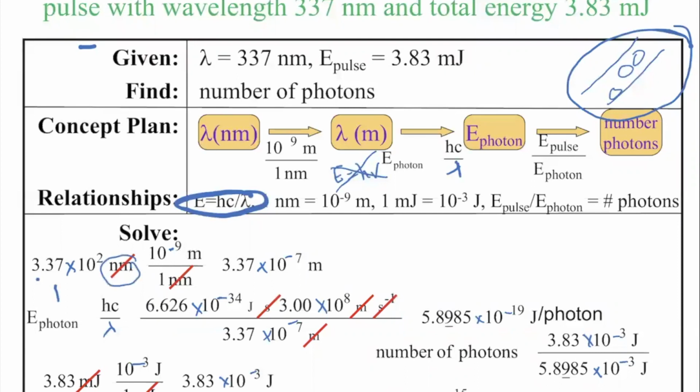Once you do that, you're going to calculate the energy per photon. Once you figure out the energy per photon, you take the total energy and divide it by that, and that will give you the number of photons that you have in there. So take a minute to try to solve it by yourself.